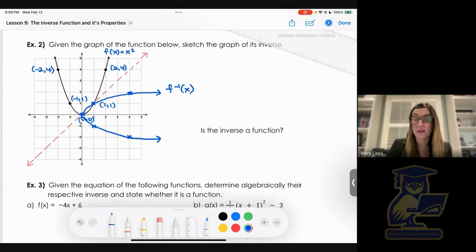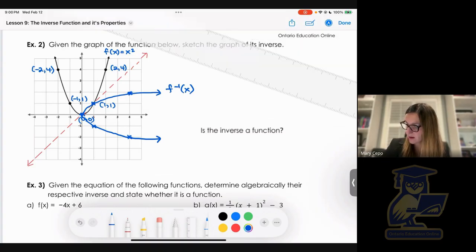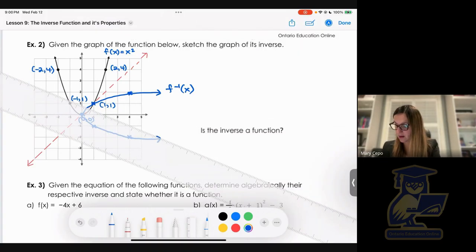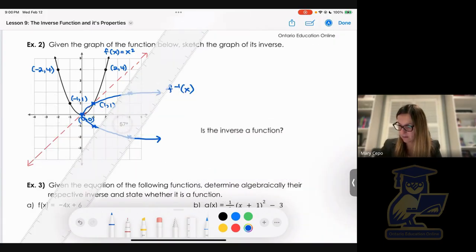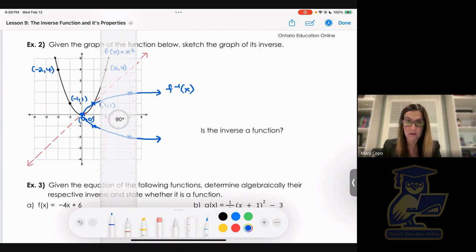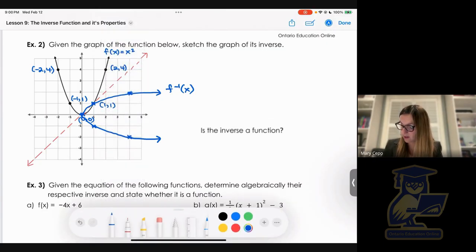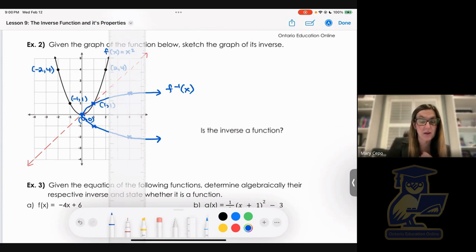Well, because we do have the graph, we can apply the vertical line test. Let's show that ruler, just to remind ourselves of that. We take a vertical line, and if you notice, the vertical line would be intersected by the graph at more than one point. That tells me it fails the vertical line test, and this inverse is not a function.